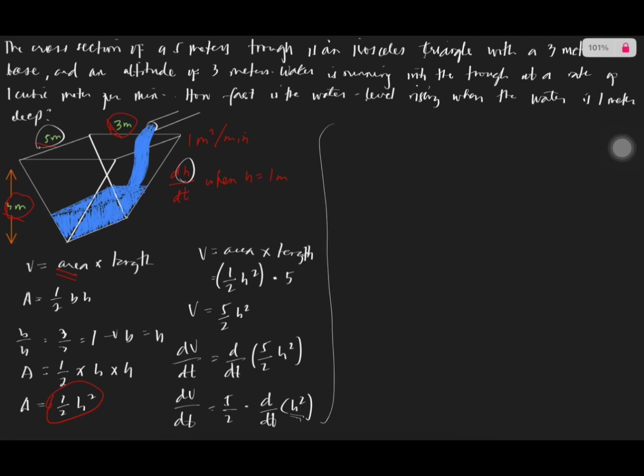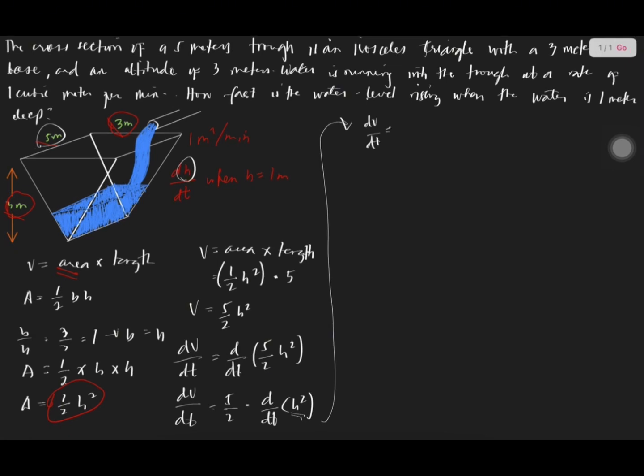We have 5 over 2 times 2h, since the exponent 2 comes to the front and 2 minus 1 is 1, so that's just 2h.